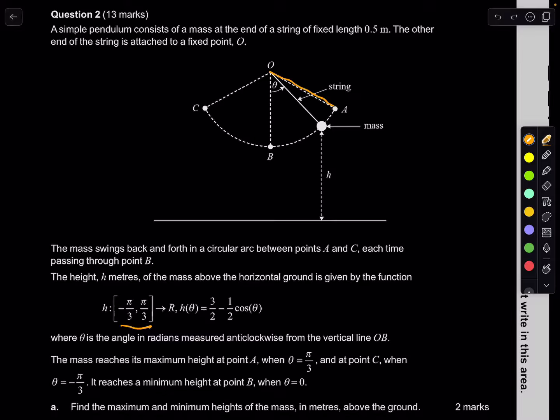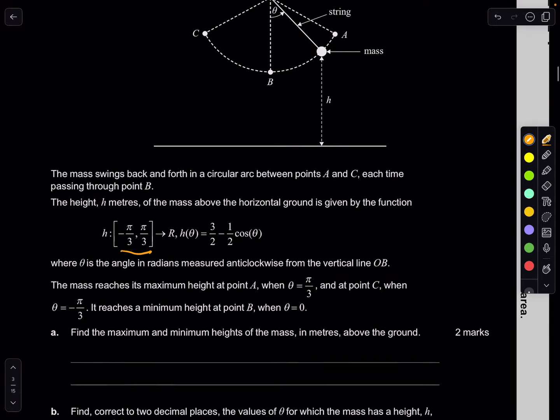A is the maximum angle we can go, from this position to this angle here, which should be pi on 3. And then when it goes this way, it's negative pi on 3. These are the maximum angles that we can go when it's oscillating. It can't go greater than those. Hope that makes sense. Not too bad. So just understanding that slowly.